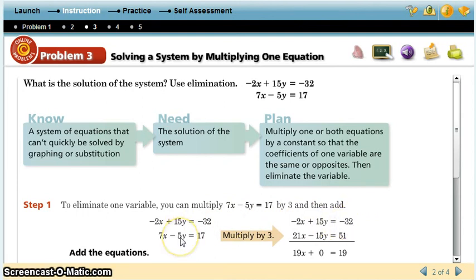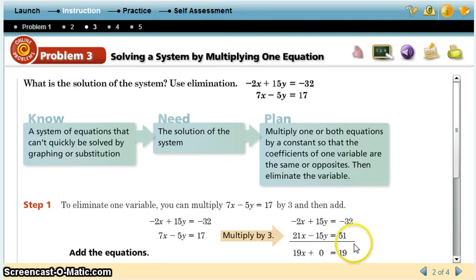But the second equation is the one we're going to multiply by 3. So let's double check all of this. 7x times 3 gives me 21x. That works. Negative 5y times 3 is negative 15y, so that's correct. And then on the other side of the equal sign, 17 times 3 does give me 51. So the multiplication there is correct.